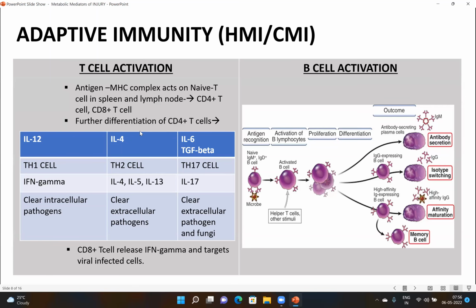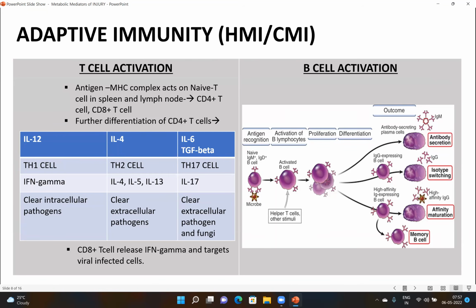There is further differentiation of the CD4 T cells. This occurs in presence of interleukin-12. CD4 T cell gets converted to Th1 cell, which releases interferon gamma and clears the intracellular pathogens. In presence of interleukin-4, it gets converted to type 2 helper T cell and releases interleukin-4, 5, 13 and clears the extracellular pathogens.